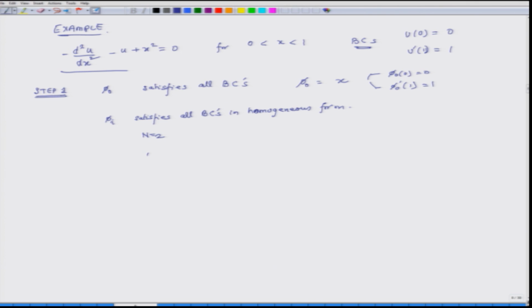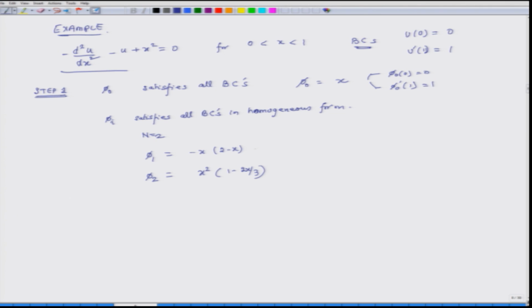So we will take phi 1 and phi 2 such that phi 1 equals minus x times 2 minus x, and phi 2 is x square times 1 minus 2x by 3, okay.